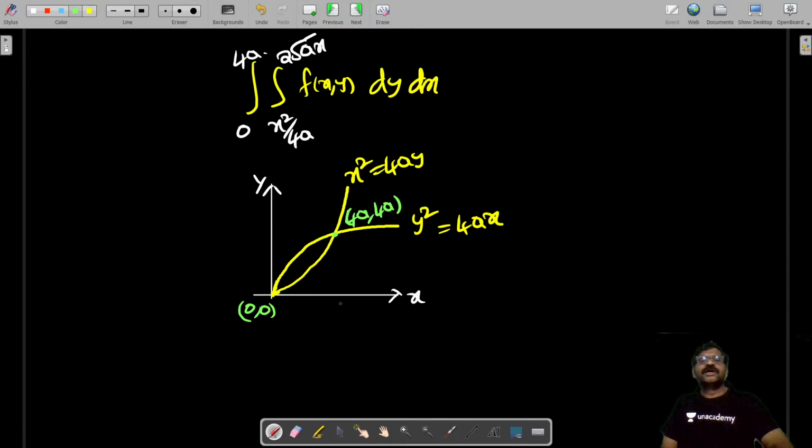Now, observe here. dy means they have fixed a vertical strip. Now, I am going to fix a horizontal strip to change the order. If I fix horizontal, I have to fix x limits. So x equal to y square by 4a.